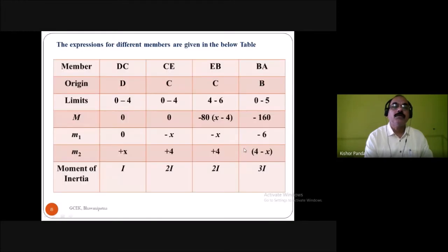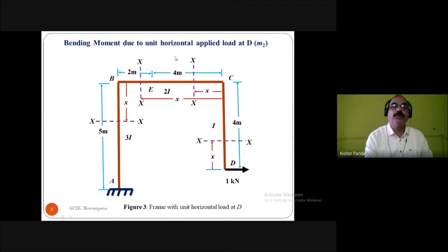Then find the bending moment due to the unit horizontal applied load, because you have to find the horizontal deflection at D. So apply a unit horizontal force at D, and due to this force find the moment between C and D, between E and C, between B and E, and between A and B. First take a section at a distance x from D. The force is 1 kilonewton and this is the perpendicular distance.